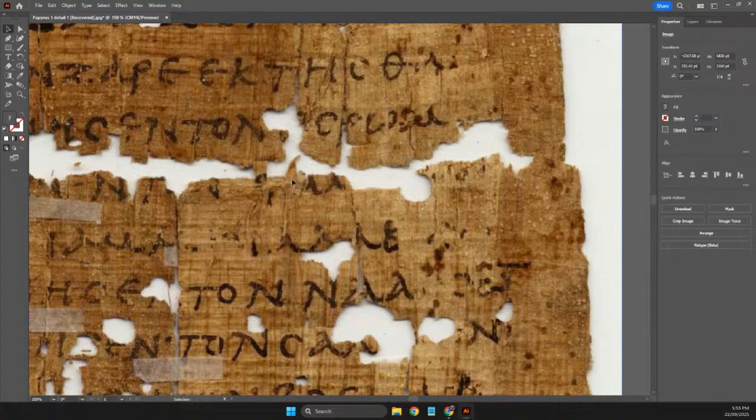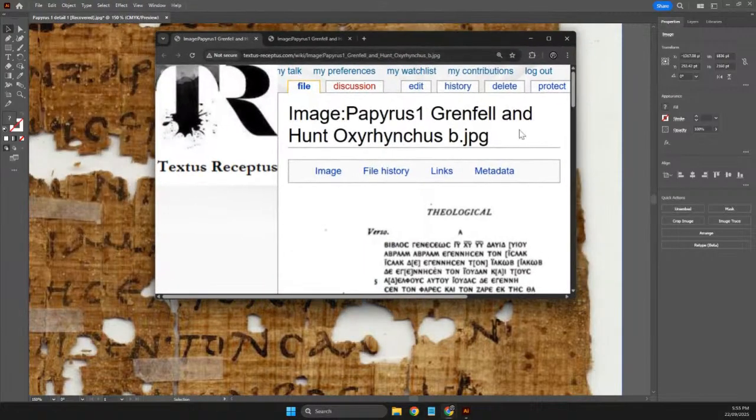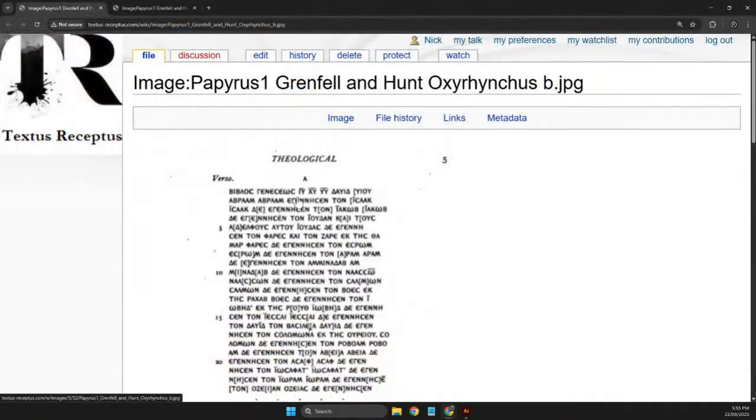But I guess, because I'll just show you what I'm looking at. So this is the Grenfell and Hunt book. And so I'm reading Aram here, where they only have the alpha as something that's missing, and the ram, and the next Aram is not in a bracket because it's there.